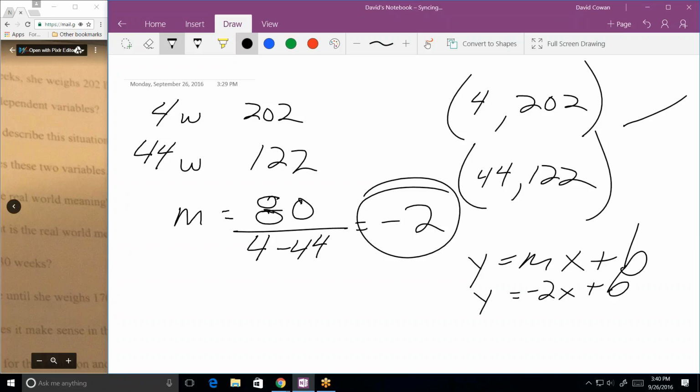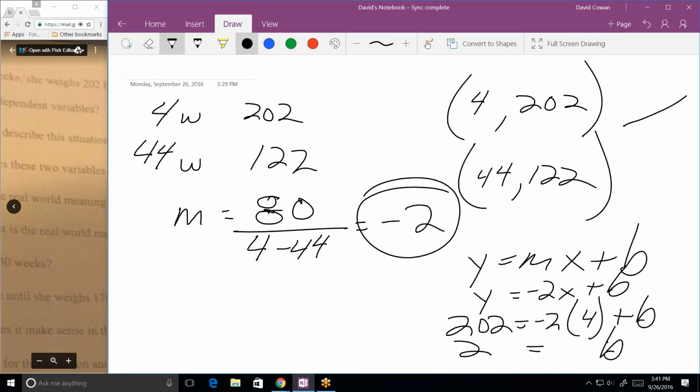Okay. And then take, say, the point 4, 202. So you have 202 equals negative 2 times 4 plus b. Correct. Then add 8, and you have 210 equals b. So what's the equation? y equals negative 2x plus 210. Very good.